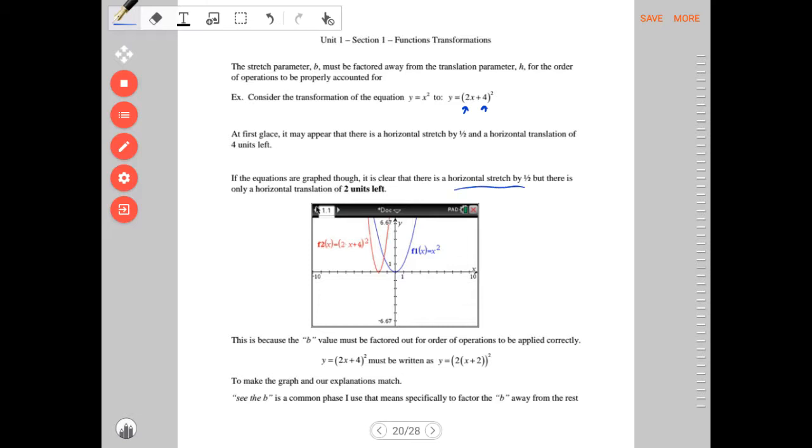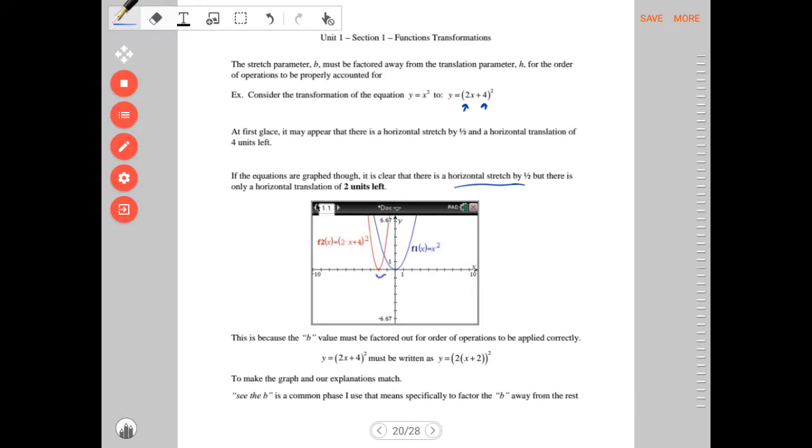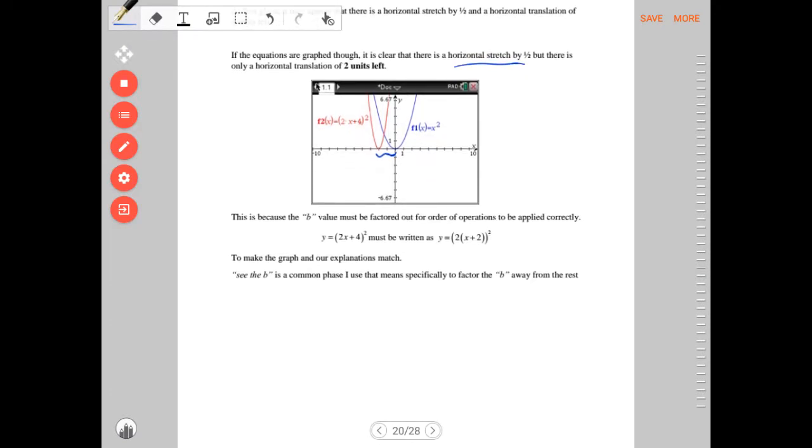The red graph is definitely horizontally stretched, but look at this. There is only a horizontal translation of 2 units left, not the 4 that we expected. The reason why is because of order of operations. We didn't account for that properly.